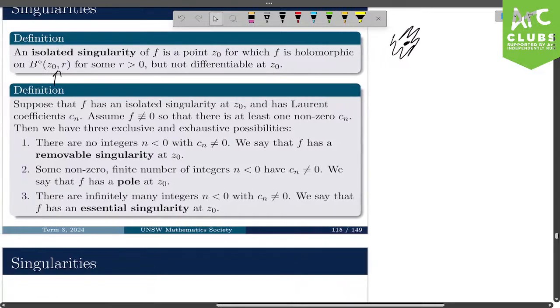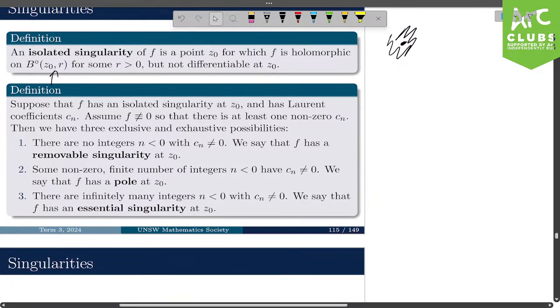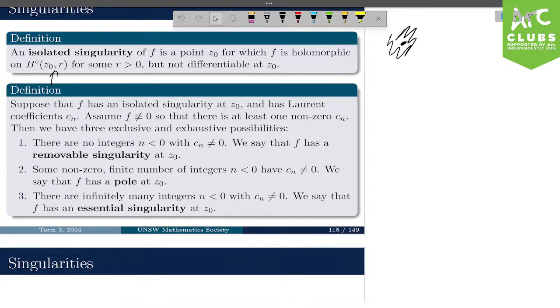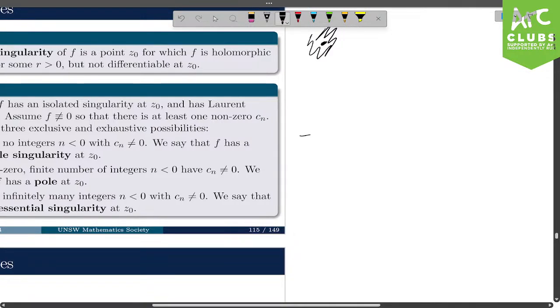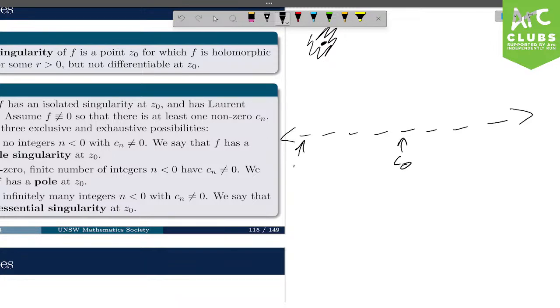Moving forwards, we define them in one of three ways, and it's all dependent on their Laurent coefficients. So ideally, we've gone ahead and defined their Laurent coefficients. This is for C0. This one's for C minus infinity. This one is for C infinity.